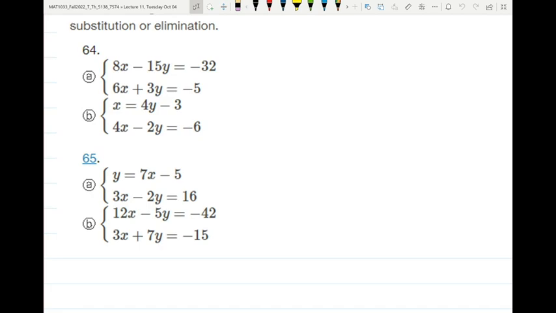So let's look at number 64. There are two problems here, part A and part B. For part A, what do you think would be the better method to use? Elimination. The elimination method, which is elimination slash addition, is what we just discussed. Very good. So for A, we will use elimination.